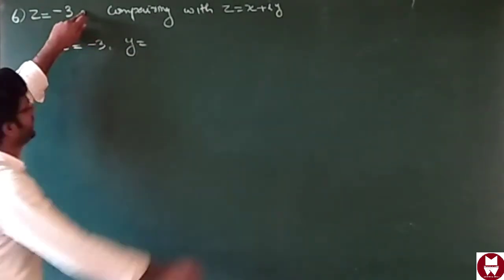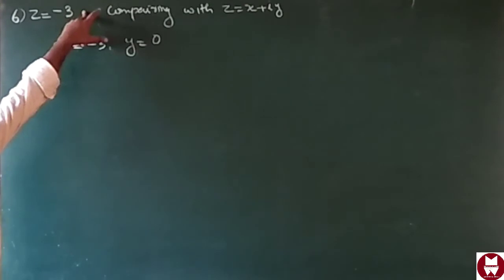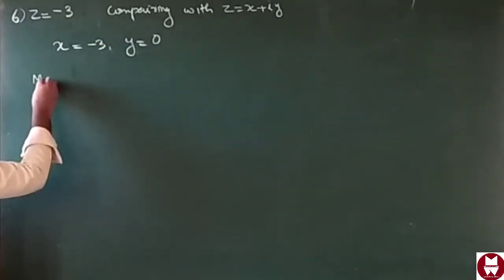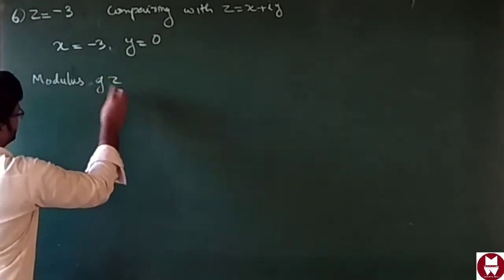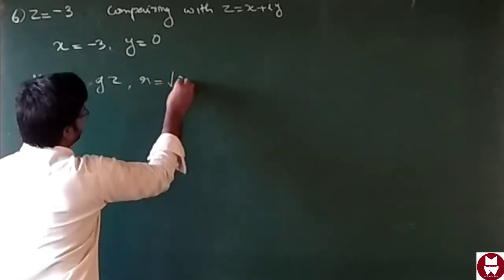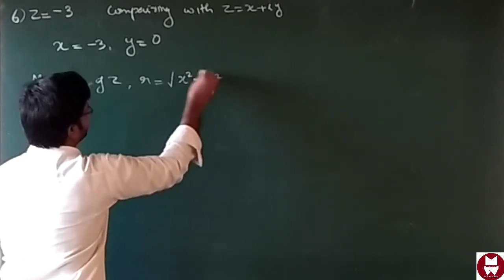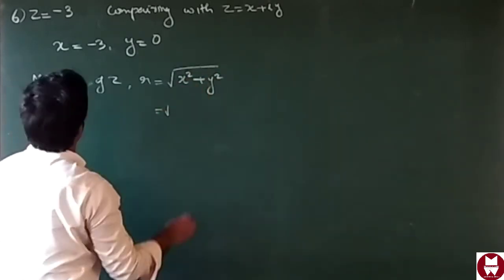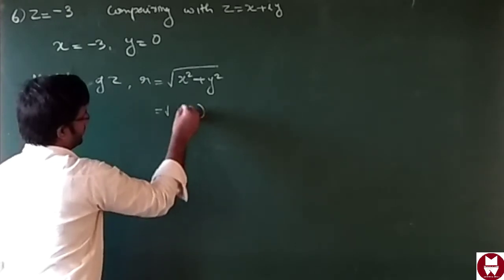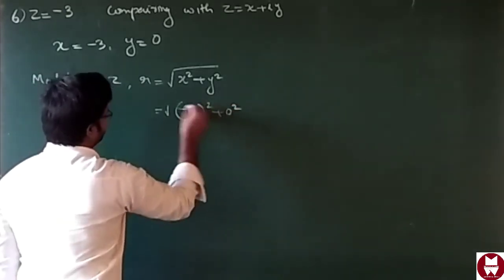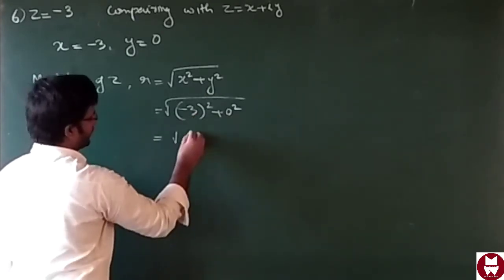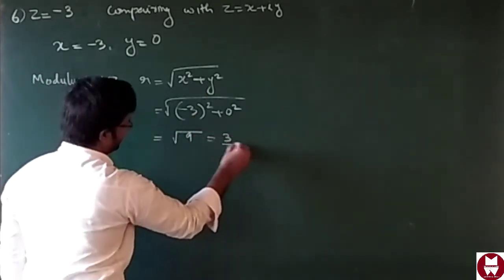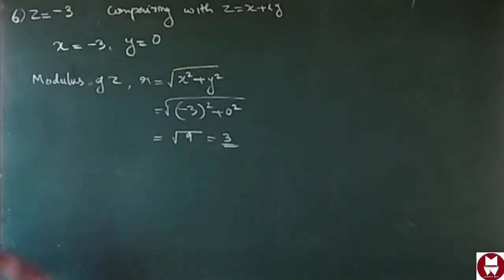Nothing means we can write 0. y equal to 0. First find the modulus of z. r equal to square root of x square plus y square, equal to square root of minus 3 square plus 0 square, equal to square root of 3 square, 9, equal to 3. We get r equal to 3.